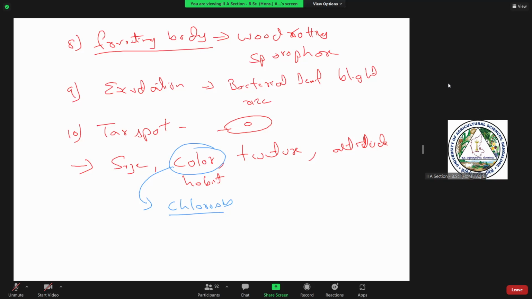In some cases, there is a loss of green color due to prolonged exposure to darkness. Not exactly in our subtropical region, but in temperate regions, when a plant is exposed to prolonged darkness, that particular condition is called etiolation.